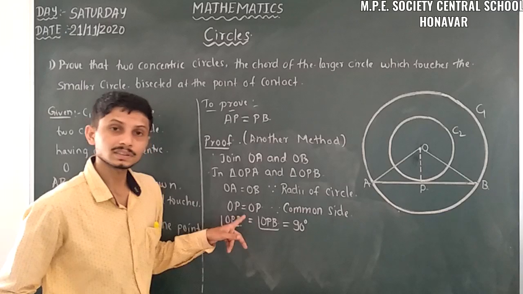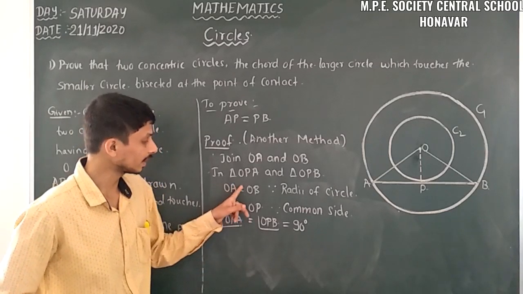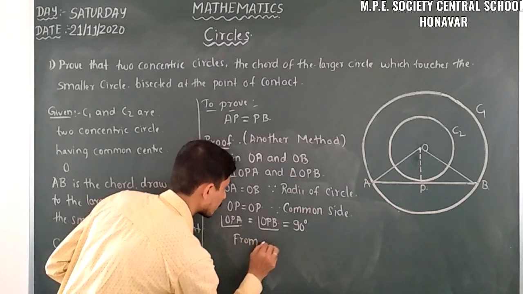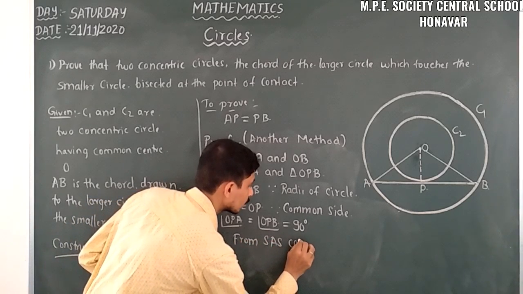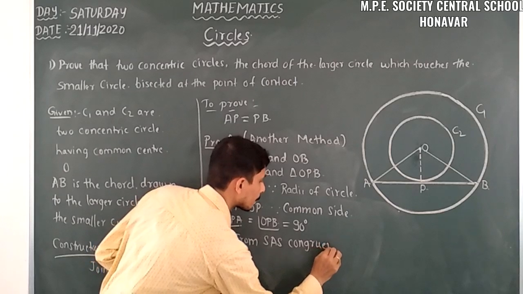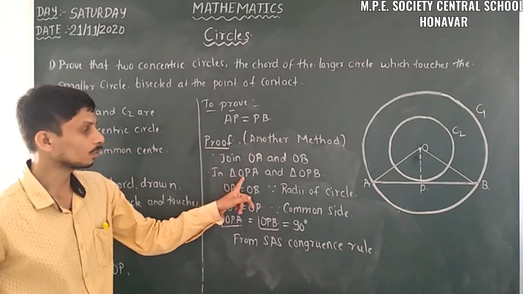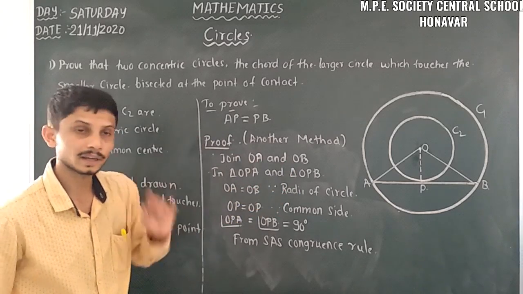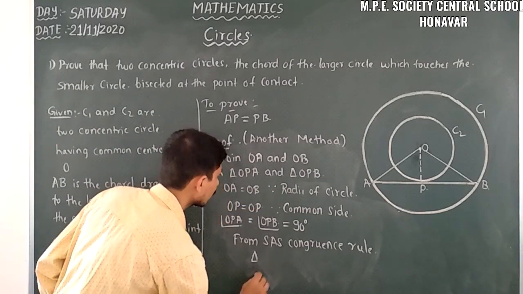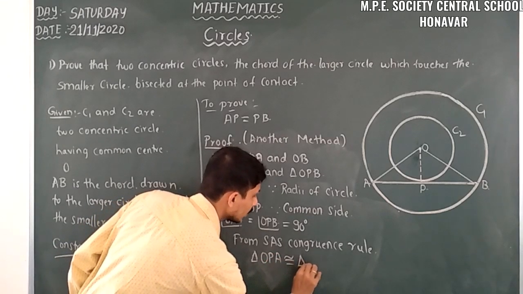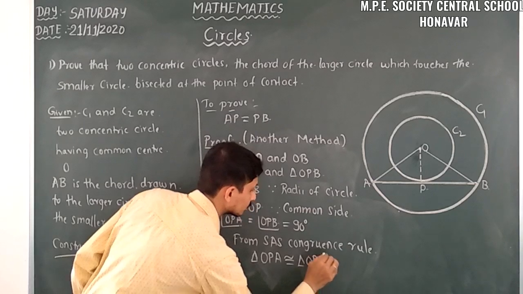So from these three things, we have the SAS congruence rule. From the SAS congruence rule, we can take triangle OPA is congruent to triangle OPB.